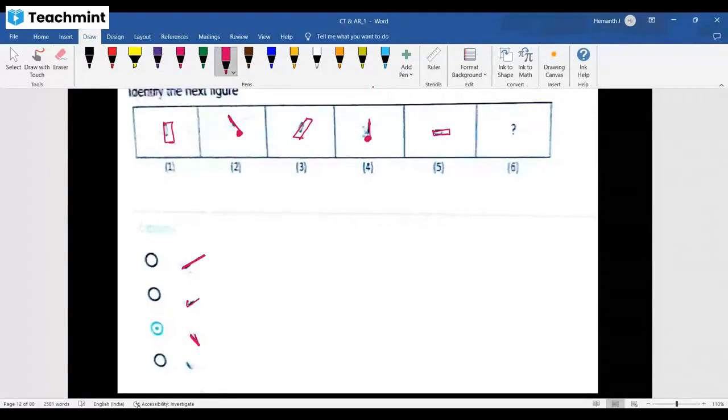Now a dot on this side. Otherwise dot in this side. A dot in the center. A dot in this side. So these are the options. Now you need to identify which is the option here.